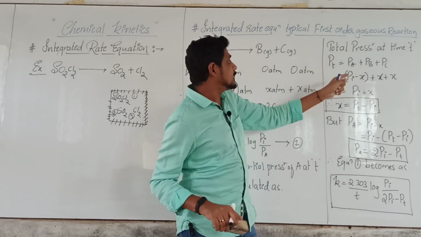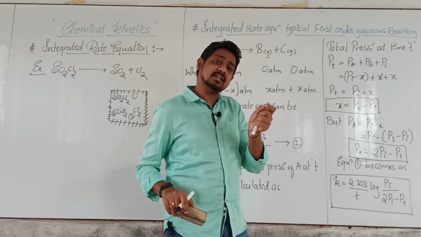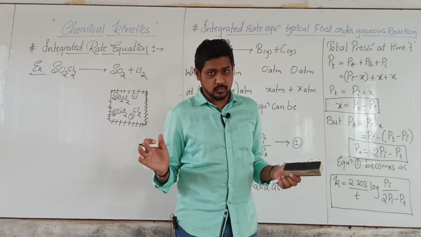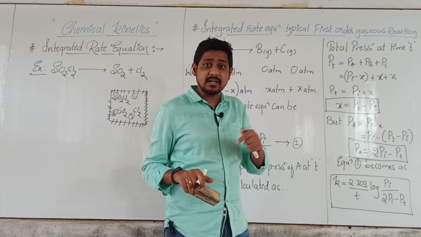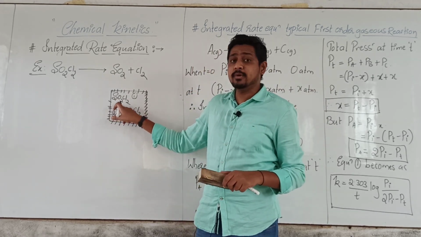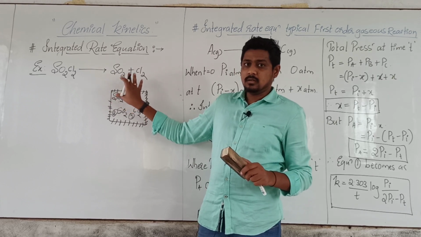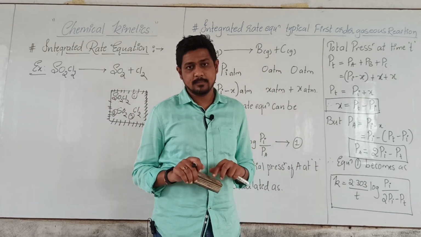Then we can calculate the X value, meaning how much sulfuryl chloride has decomposed at 10 seconds. Once we get that, we can calculate the partial pressure of sulfuryl chloride at 10 seconds in this way.